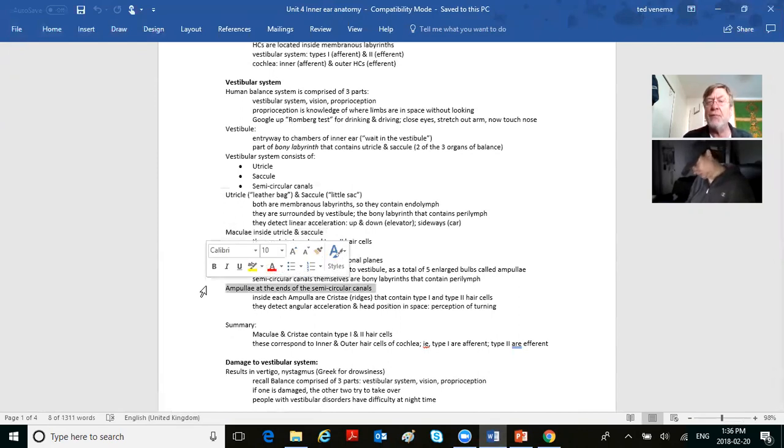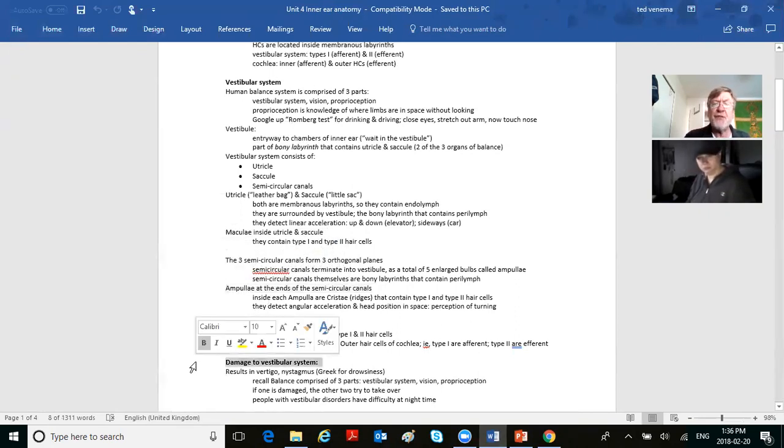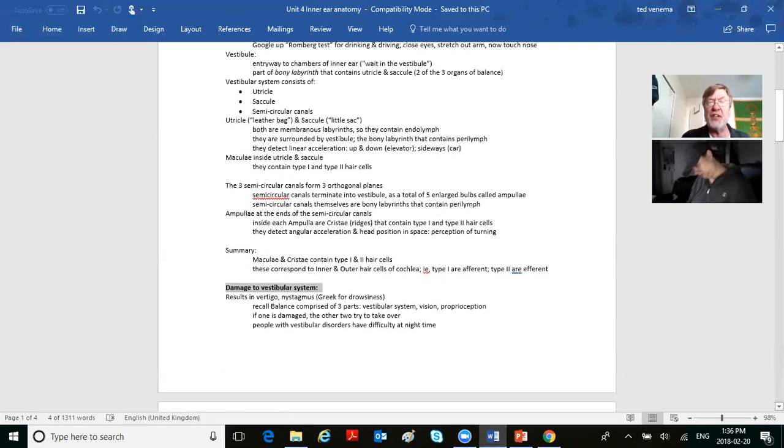Those are the membranous labyrinths areas, the hair cell regions. Then we described 2 different acronyms in balance testing. One was electronystagmography, ENG, and benign paroxysmal vertigo, BPV.